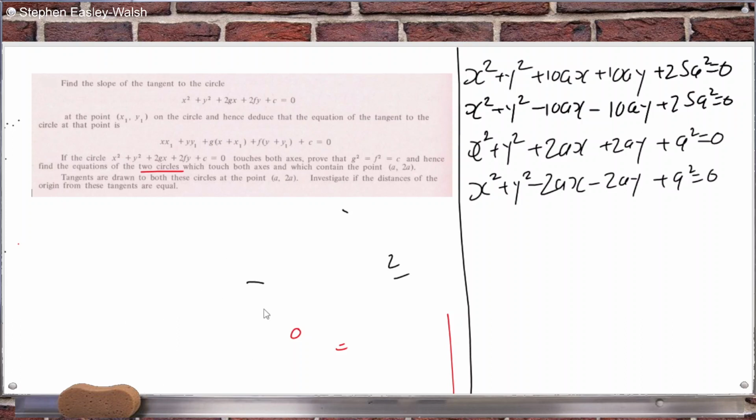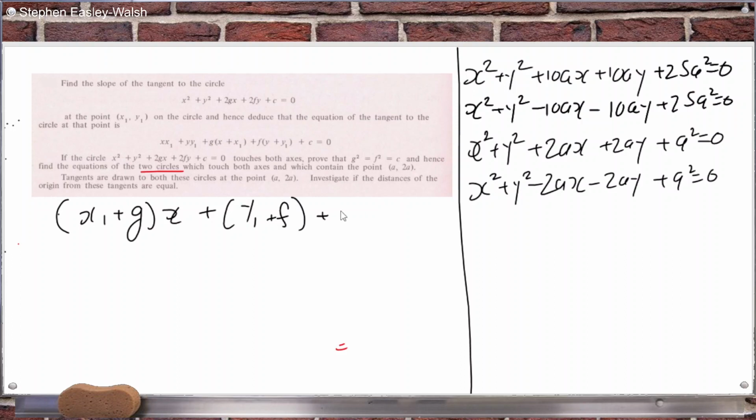And actually, I don't like the tangent formula the way it is because I want to clean it up. So the formula is going to be x1 plus gx plus y1, and then plus f, and then plus c plus gx1 plus fy1 equals 0.